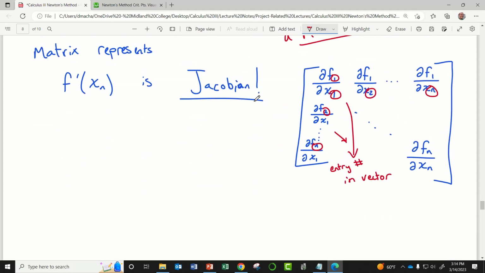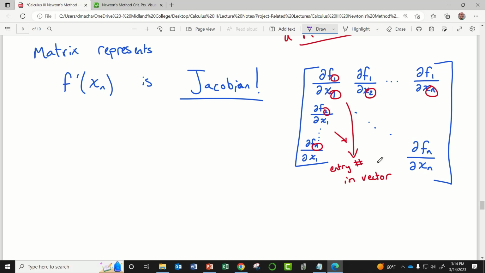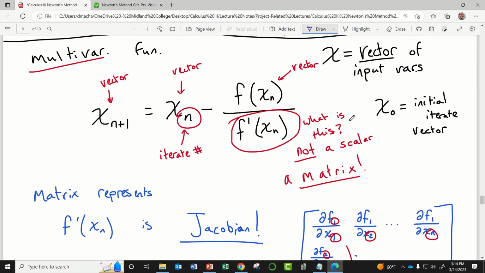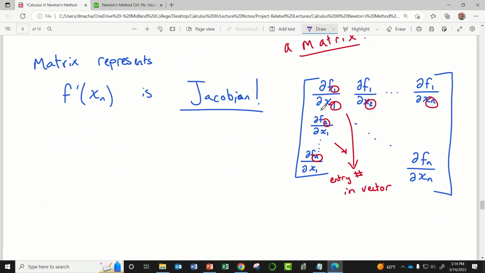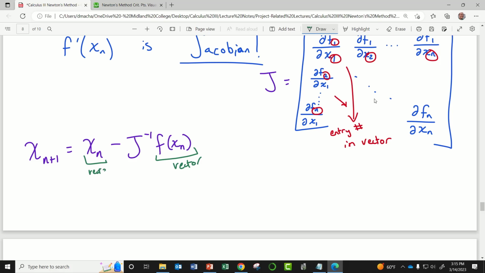But this Jacobian matrix is a really nice matrix. And again, we're not actually using the Jacobian itself in Newton's method, but we're going to use the inverse Jacobian. So if I say this is J, then Newton's method is going to have this vector x_{n+1} equal to this vector x_n minus, this is a vector, this is a vector, this is a vector.